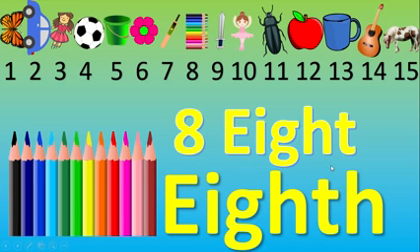With eight, it already has a T, so we only add another H. Eight, eighth. So the T is kept and we only add one H. Eighth. E-I-G-H-T-H, eighth. It's a tricky one, so pay attention when you have to write it.